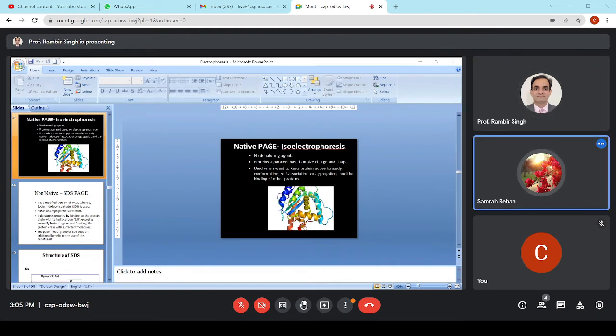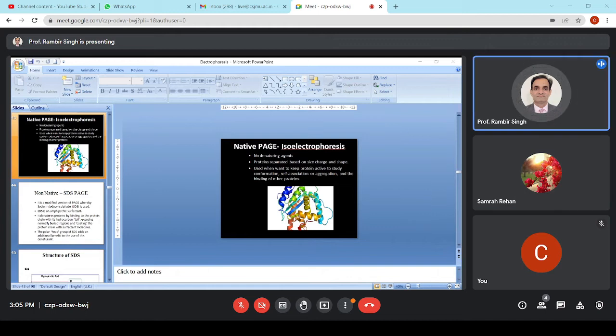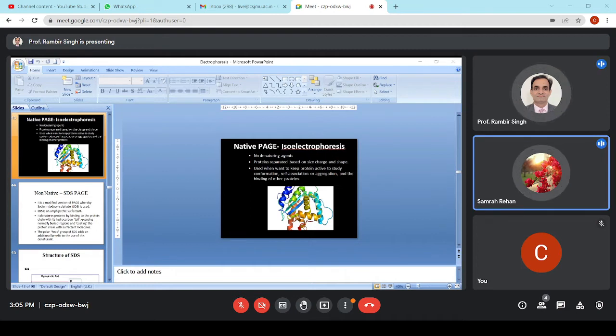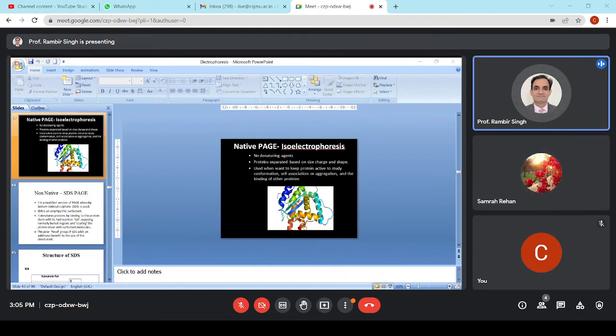Now, since a protein is made up of many amino acids, it is a polypeptide. So one amino acid may have a different pI, another amino acid may have a different pI. What is pI? You can write down, pI is the isoelectric point, the point at which the net charge on the amino acid is zero.